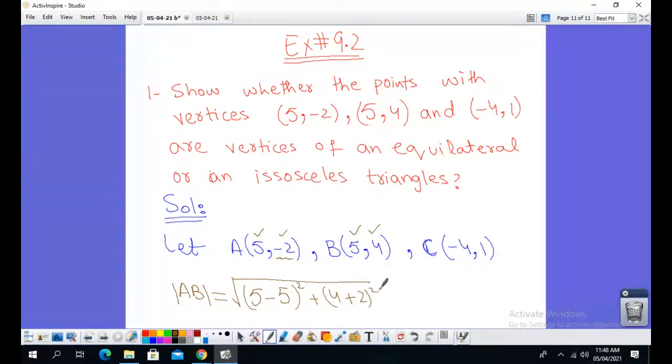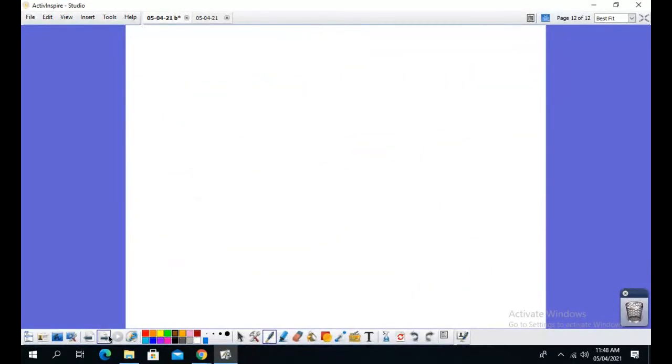After simplifying, you get 0 square plus 6 square, so AB magnitude is equal to square root 36, which is 6. We call this equation number 1.